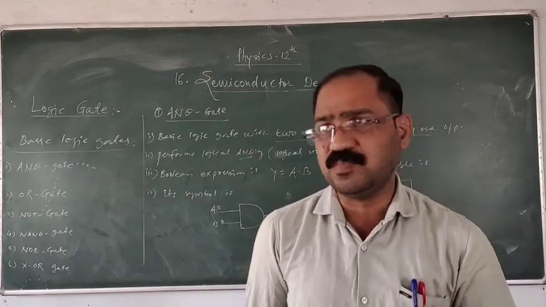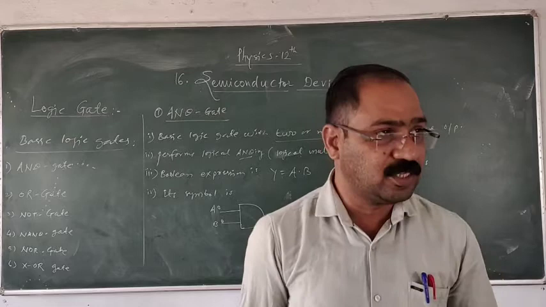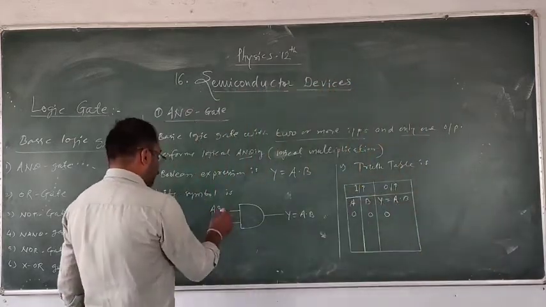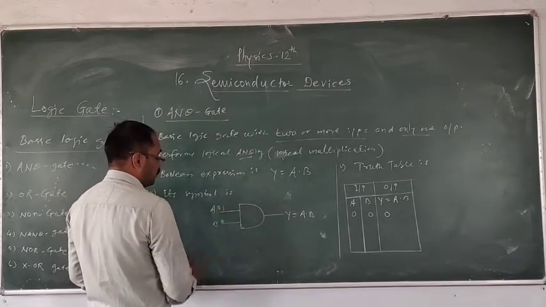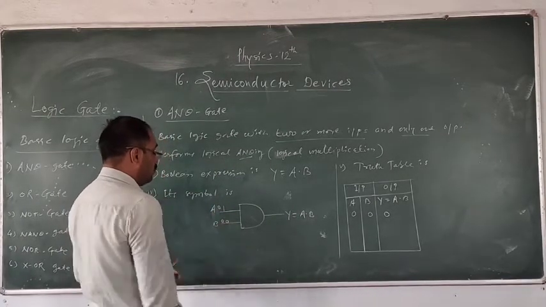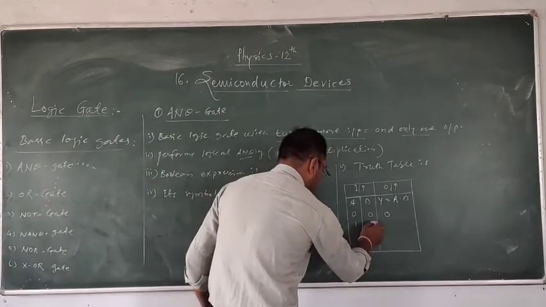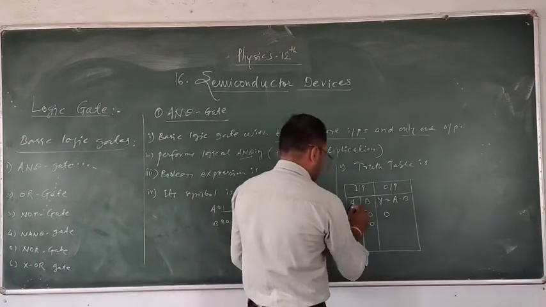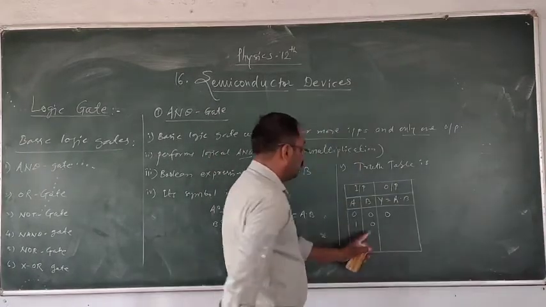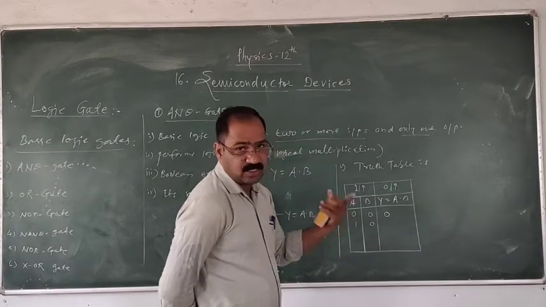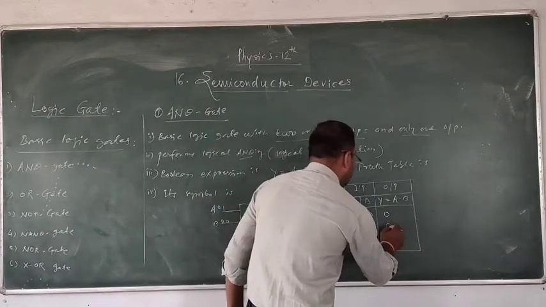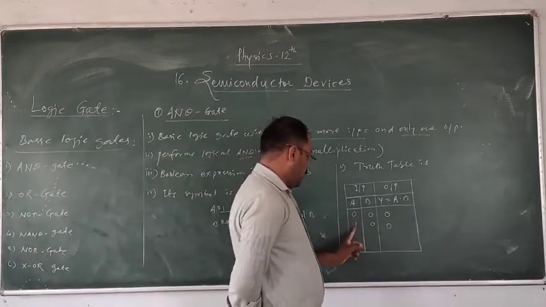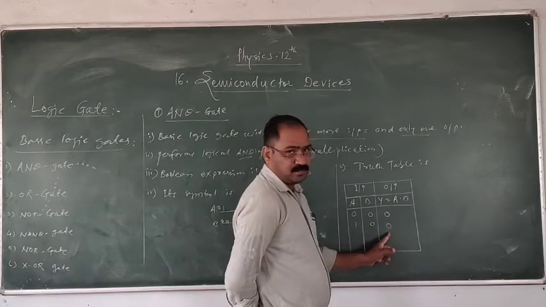When both inputs of the AND gate are 0, you will get 0 output, means logic level 0, low signal. Again, when A is at logic level 1 and B is at 0, Y is equal to A dot B, means 1 dot 0 is 0.